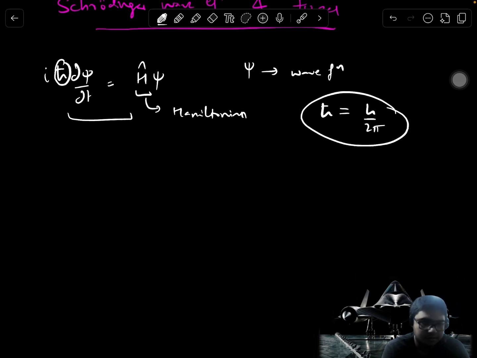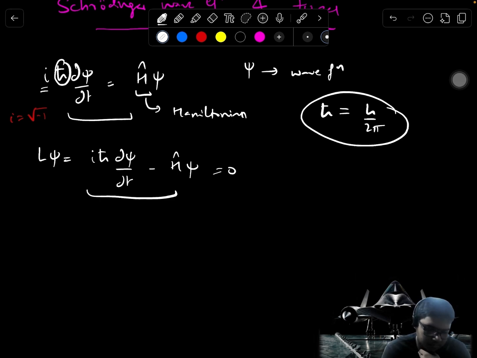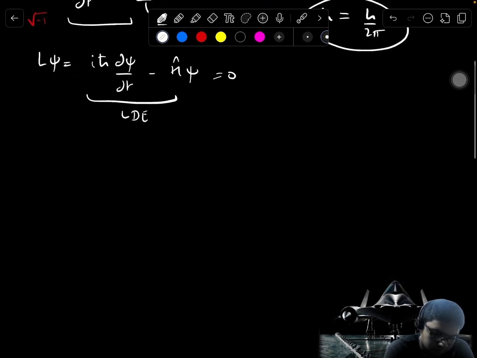Now this i is the iota, or root under minus 1. So this is basically the basic form of the wave equation. Let us write it in this form. This is why I said this was a linear differential equation. This is a Hamiltonian.